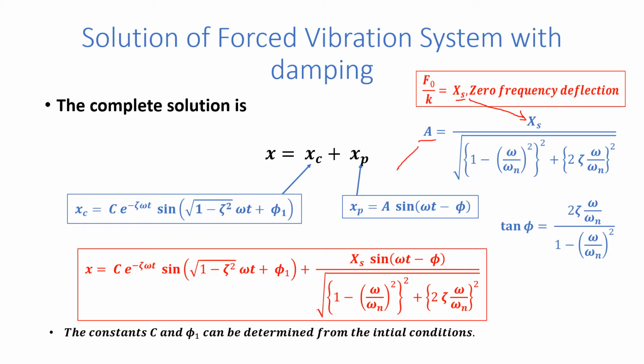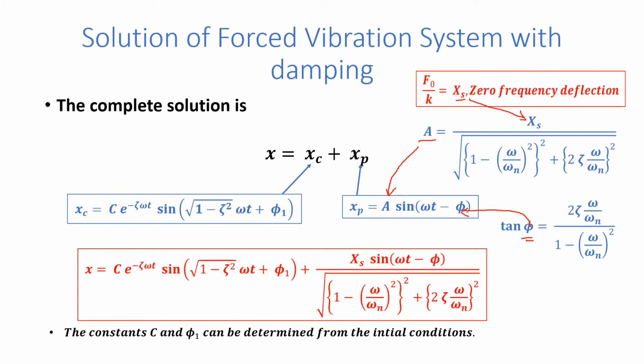We put A to find the particular solution, and the phase difference phi by which the system is lagging behind the external excitation is 2 zeta omega by omega n by 1 minus omega by omega n whole square. We calculate phi from this relation taking tan inverse of right side term.